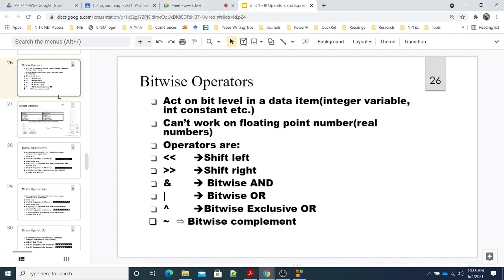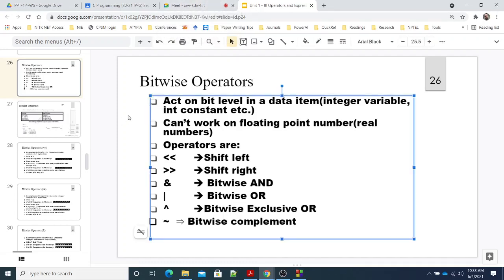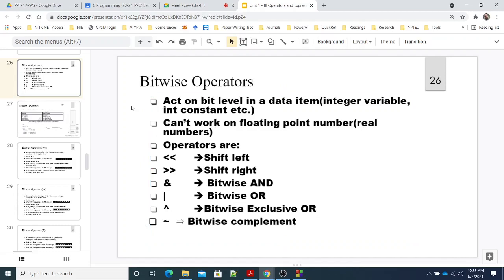So, any doubt regarding any topics we covered today? We started with assignment operators, shorthand assignment operators, then increment and decrement operators: pre-increment, pre-decrement, similarly post-increment, post-decrement, and I explained the difference between pre-increment and post-increment whenever there is an expression in the form LHS equal to RHS.